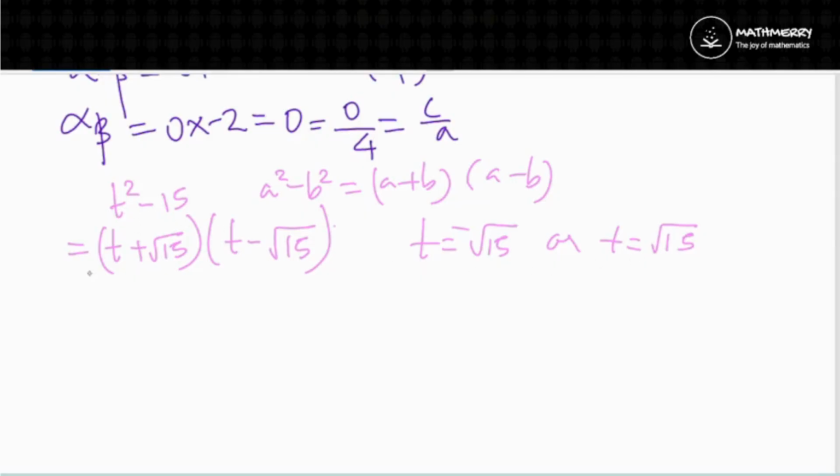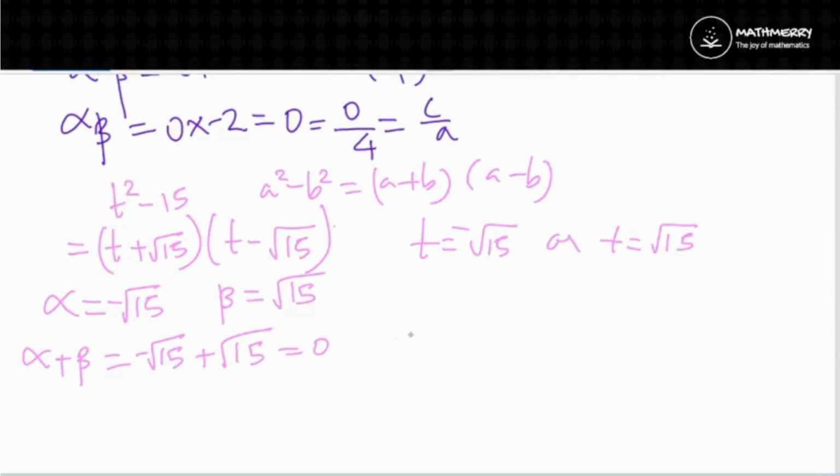So either t is equal to minus root 15 or t is equal to root 15. So these are the values of our alpha and beta. So alpha is equal to minus root 15 and beta is equal to root 15. Now what is alpha plus beta, or the sum of the zeros? We will get minus root 15 plus root 15, which is 0.